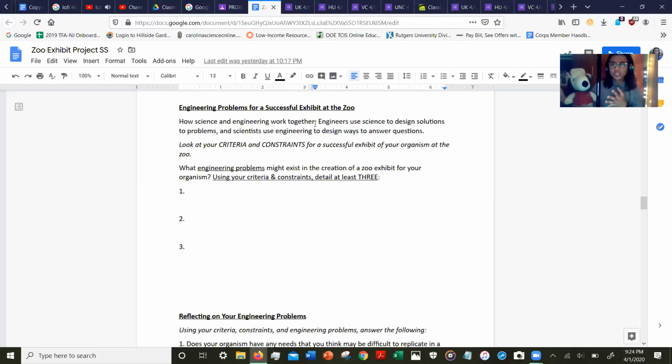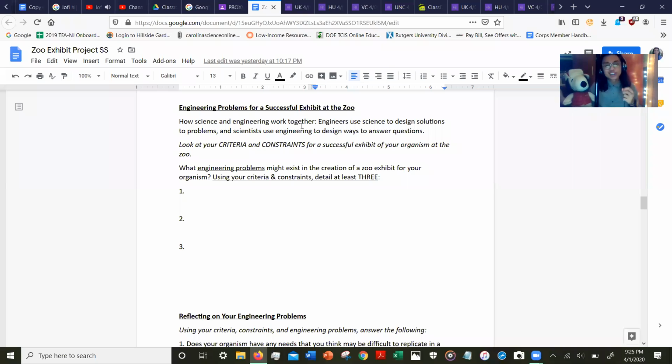So using the criteria and constraints that I've identified, and you're gonna do this yourself too with your organism, what engineering problems do I come across if I'm gonna create a successful space, a space that can bring in money, that's a zoo's point of view, and also keep the organism alive, which is the organism's point of view.